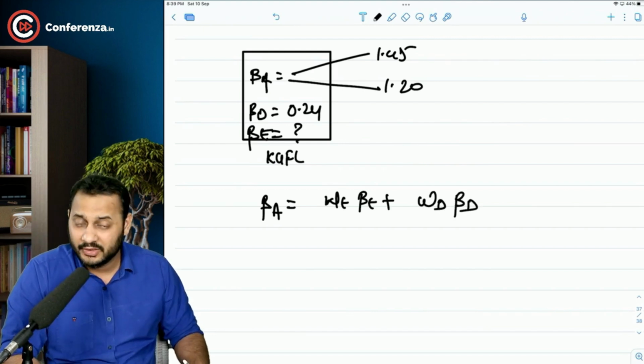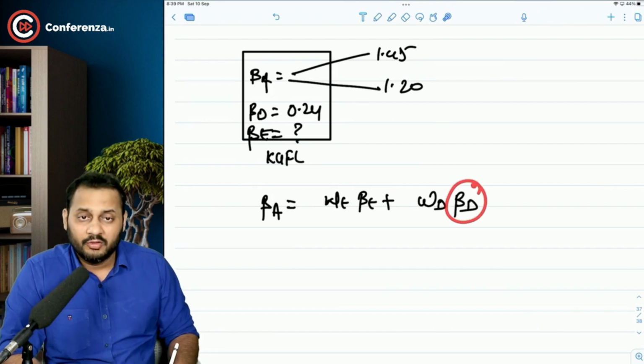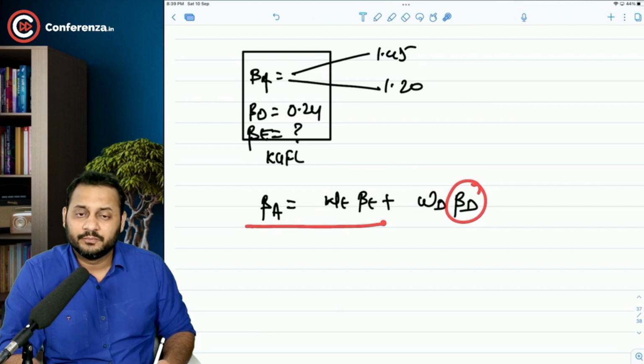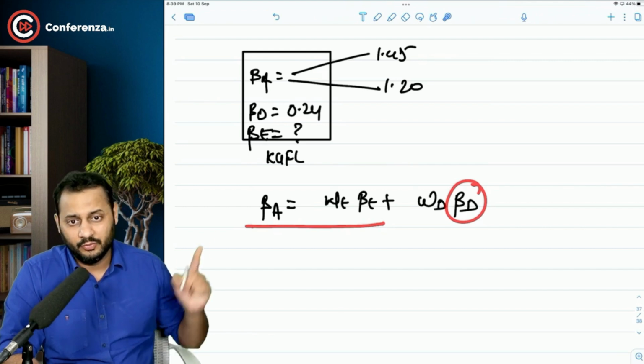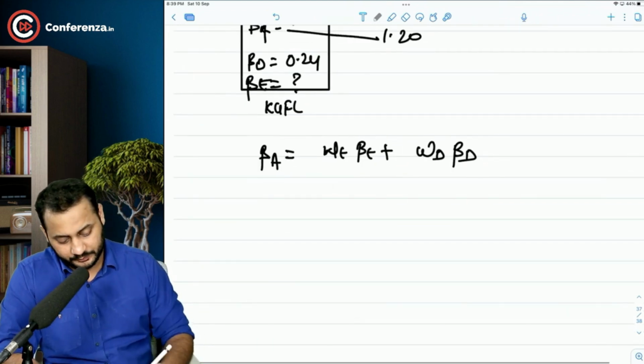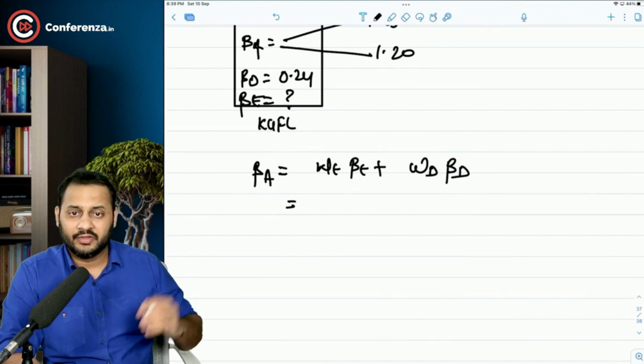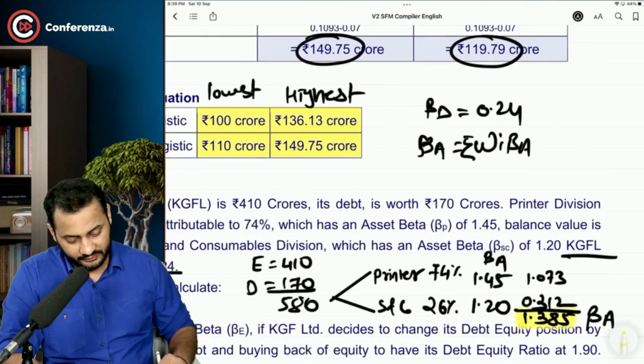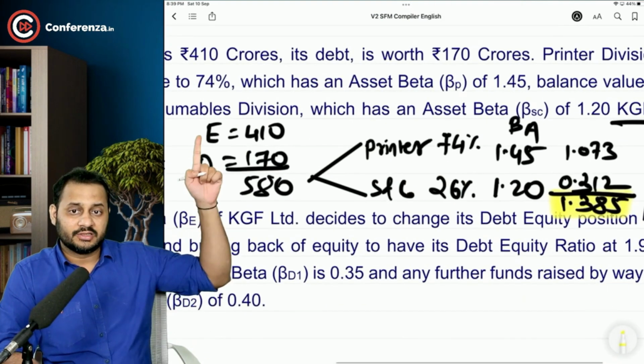What used to happen was, we used to assume this debt beta as 0, and that's why the geared ungeared part was like this much only. But now it is like this. So what is the weight of equity and weight of debt? We can calculate that using this.